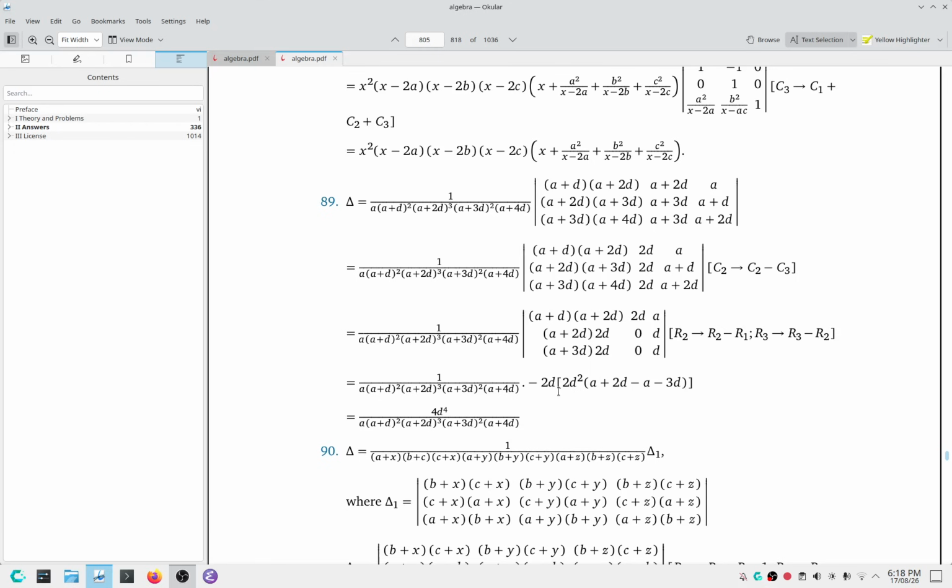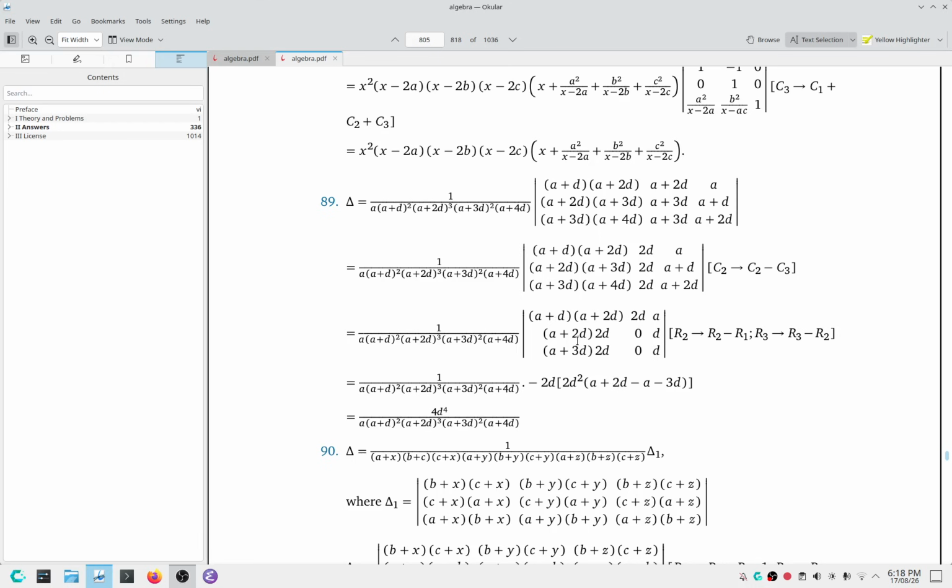And what we will have is minus 2d times 2d square times a plus 2d minus a minus 3d. Okay, so if you take this, you will need to multiply these two, and these two here. So that's how we got the answer.